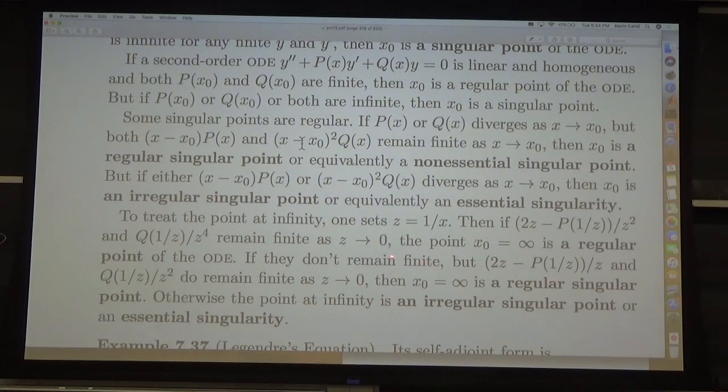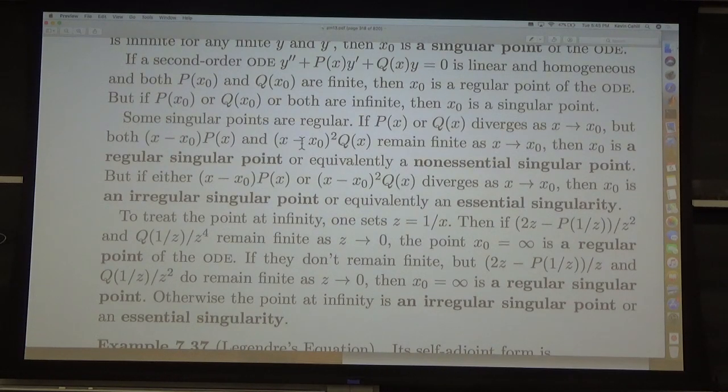If they don't remain finite, but on the other hand, with one less power of z, they do remain finite, then the point of infinity is a regular singular point. Otherwise, it's an irregular singular point.